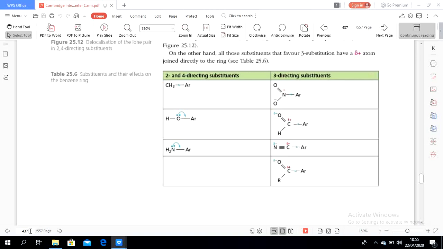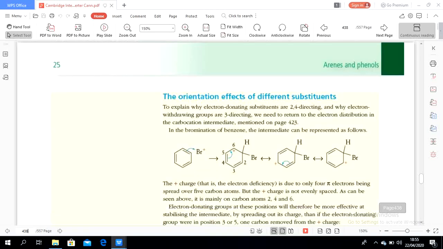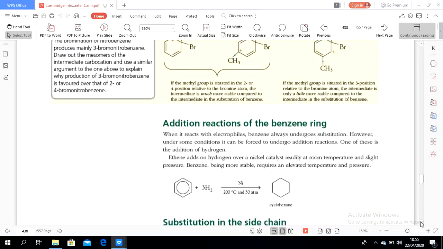Okay, next let's continue to this one. Addition reaction of the benzene ring. We know that benzene will not undergo addition reaction, but it will undergo electrophilic substitution. However, under some conditions, it can be forced. So highlight, it can be forced, meaning under very harsh conditions.